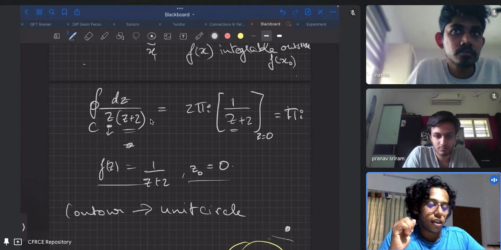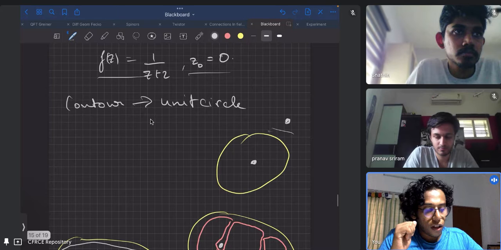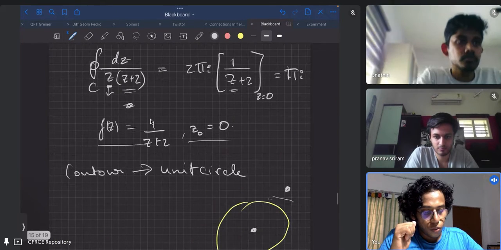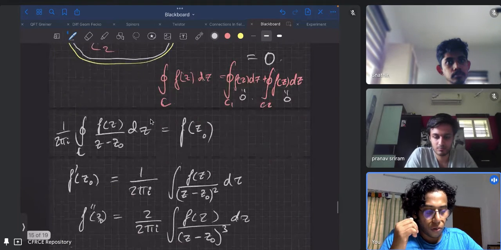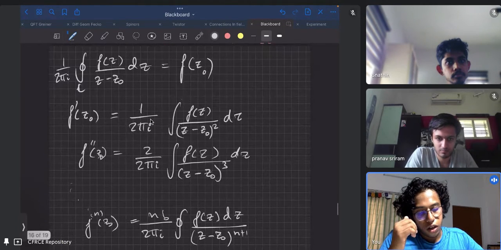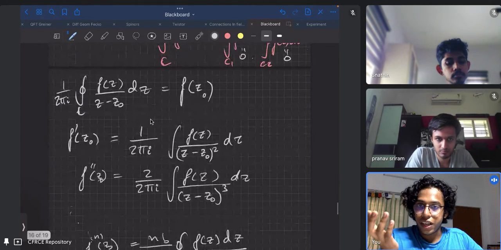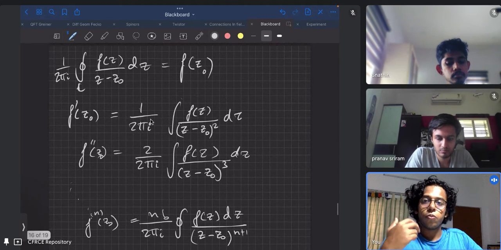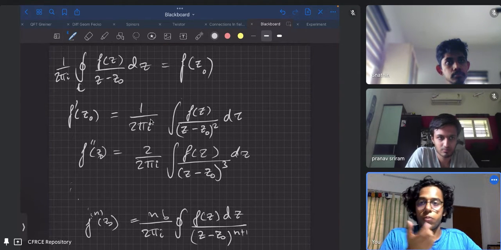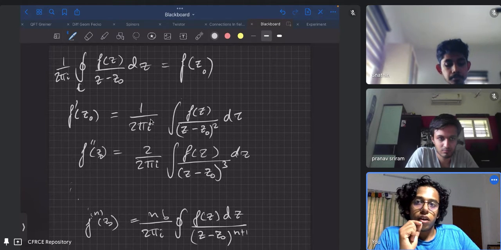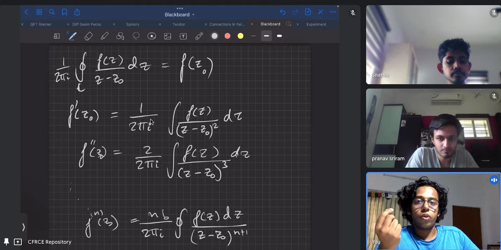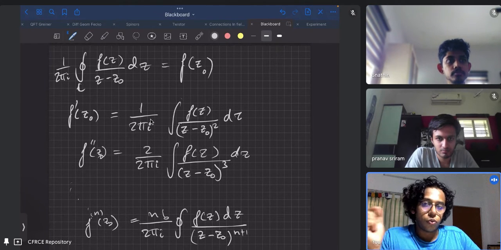So the integration will be 0. We saw a particular example, and from there we looked at how you differentiate when you take the singular point and make that a function itself, how you take differentiation with respect to that.